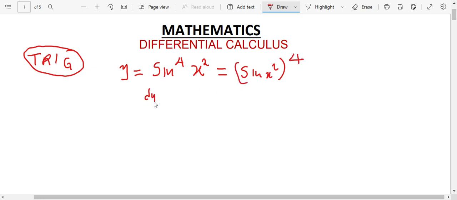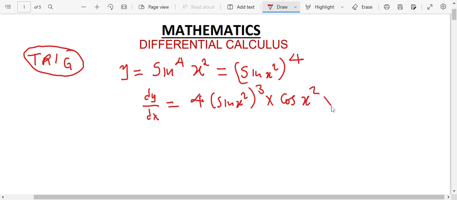So the derivative dy over dx is going to be equal to, first drop the 4, write the sine x squared, reduce the power by 1, becomes power 3, times, now go to the inside, differentiate sin, you know that will give you cos. Keep the angle the same way it is. And then after that, now differentiate the angle. X squared will give you 2x.